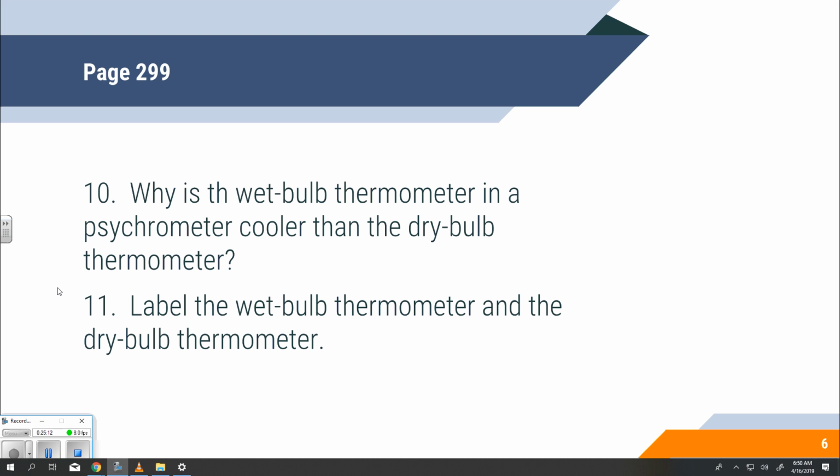Label the bottom thermometer, next to the person's hand, dry. Under the picture: a psychrometer measures the difference in temperature between a wet bulb and a dry bulb thermometer. The measurement can be used to calculate humidity.